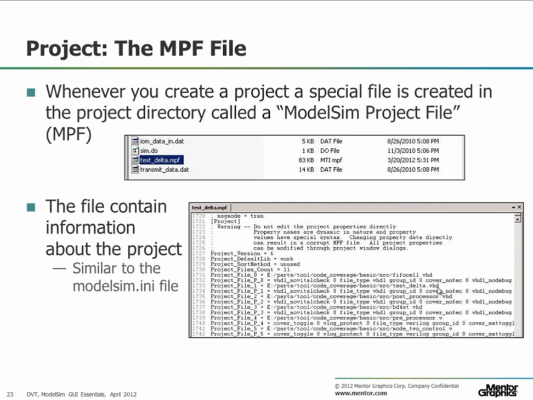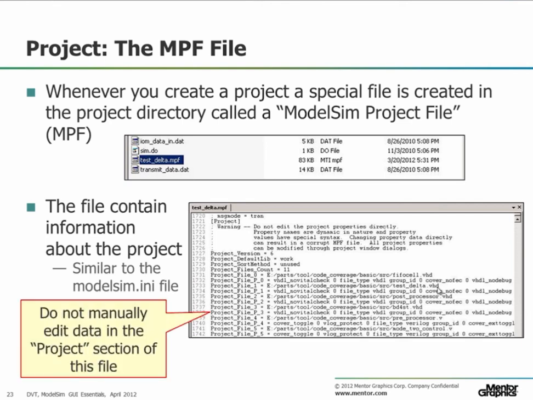Like, for instance, if it's VHDL, it tells it whether it's VHDL 93 or 2002 or 2008 context, etc. So all of that information is contained within the MPF file. And just as a word of caution, I would not go and edit that project area information. You can really screw up the project and have to start from scratch if you go and edit that file.